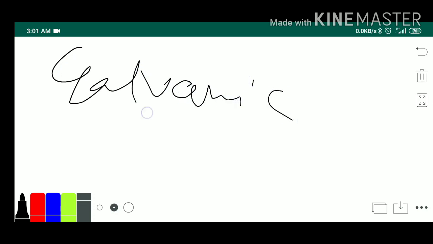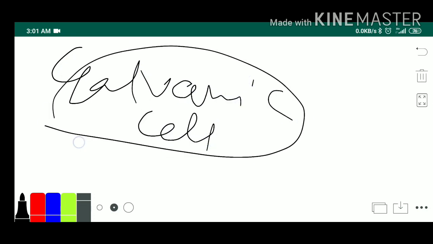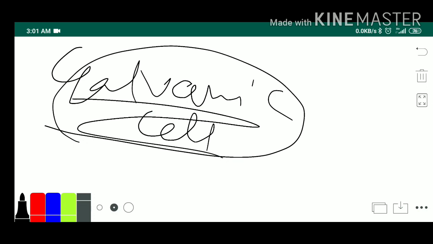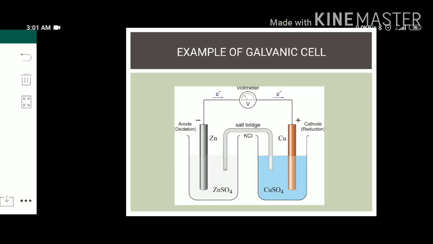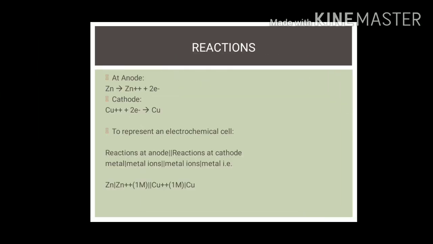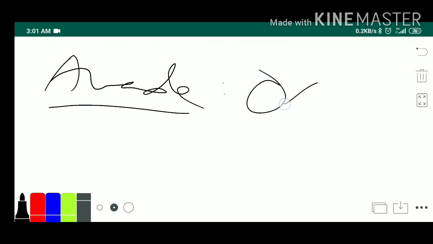We learn how to represent an electrochemical cell. Our example is the galvanic cell. How to represent the galvanic cell? If you understand this, you can represent any type of electrochemical cell. First, at the anode, what happens? Oxidation takes place.